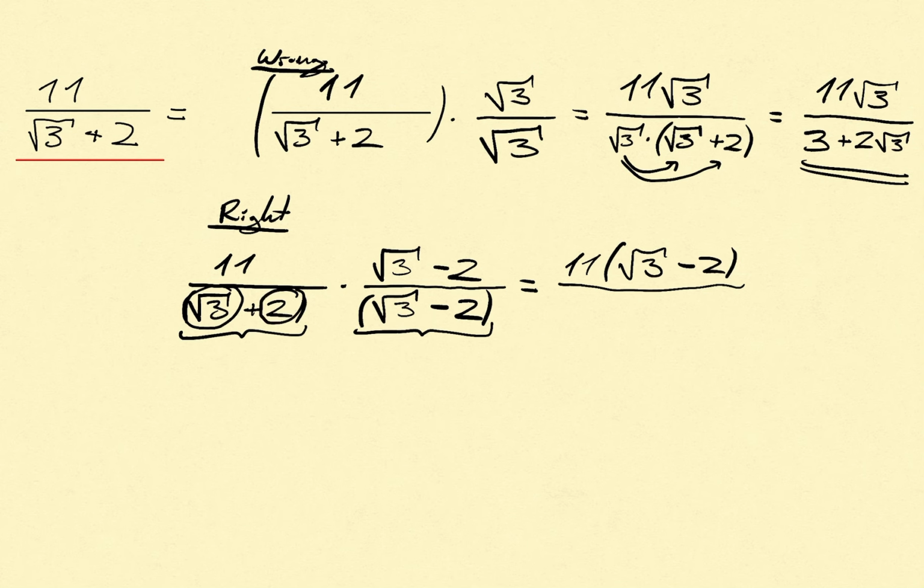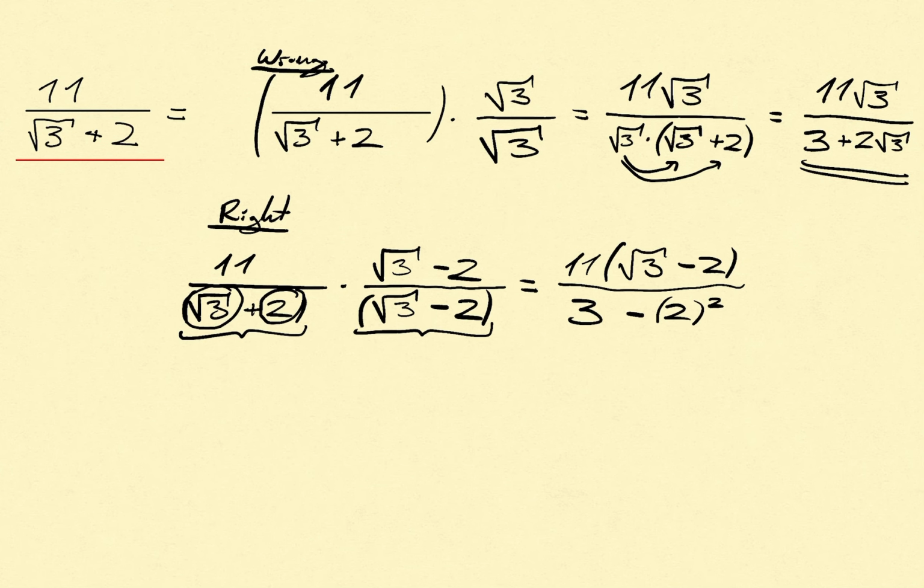This would leave us with the first number, square root of 3 squared, which is just 3, minus the second number squared, which is minus 2 squared.